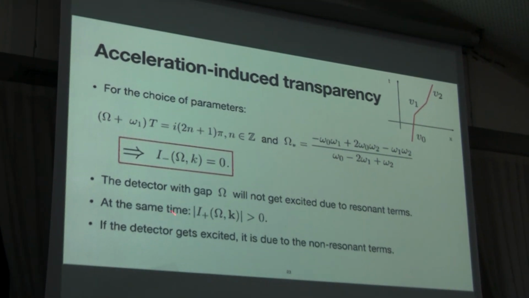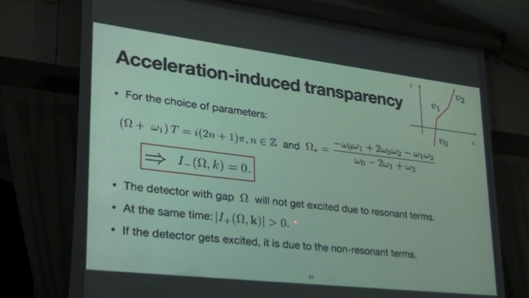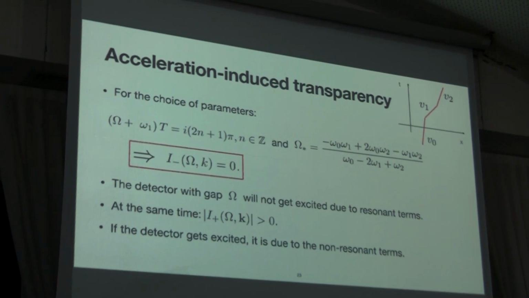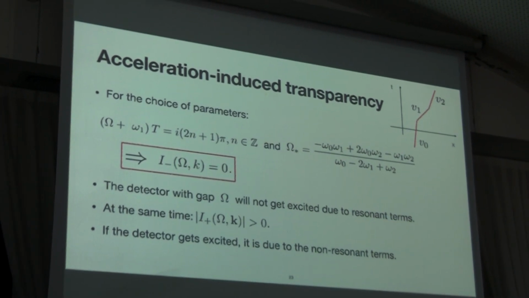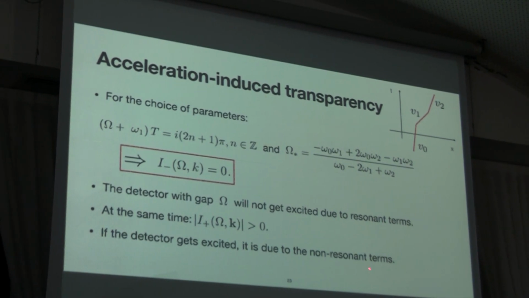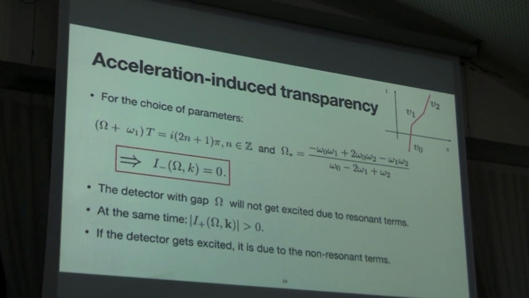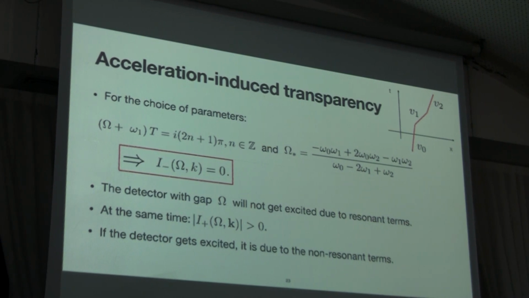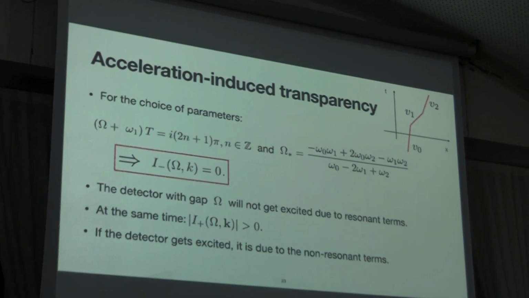At the same time, the I plus integral is non-zero. So if in an experiment we find that the detector is excited, we know that it's due to the non-resonant terms. So only the Unruh effect type of terms will contribute to the excitation of the detector.